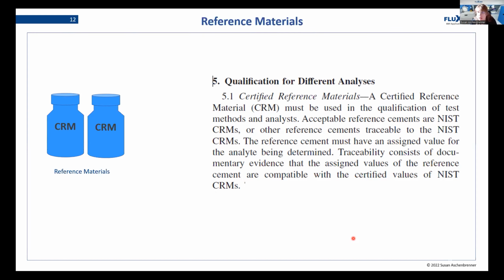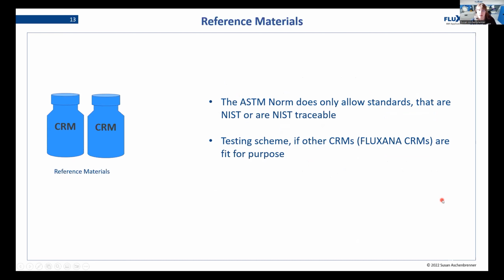Or I myself have to have documentary evidence that the CRM I am using is compatible with the NIST CRMs, so that this CRM will give comparable results when I'm using it. So ASTM only allows standards that are NIST or NIST traceable.